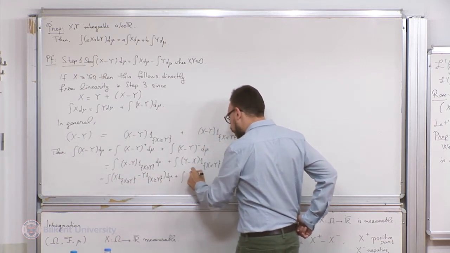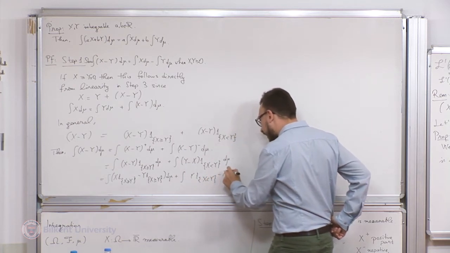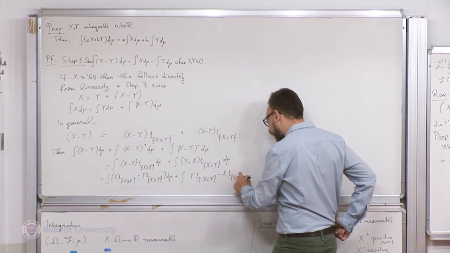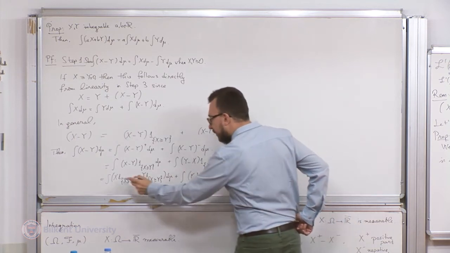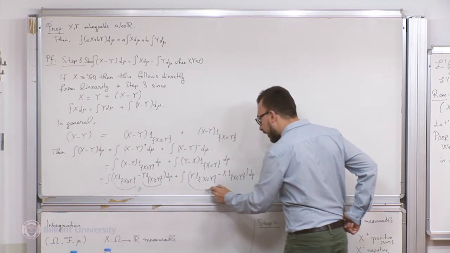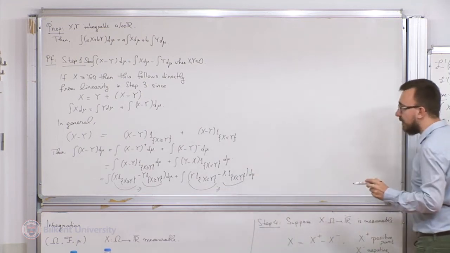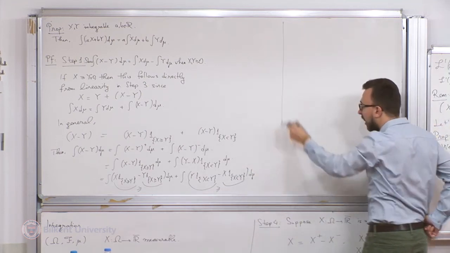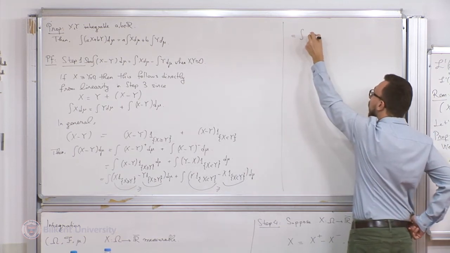And this is the integral of y times the indicator of x less than y, minus x times the indicator of x less than y, d mu. And this function is greater than this. And this function is greater than this. And they are all positive functions. Therefore, we have linearity everywhere.